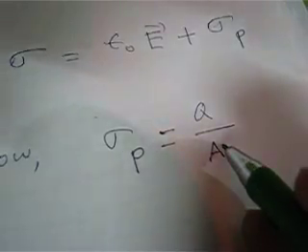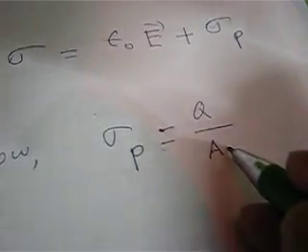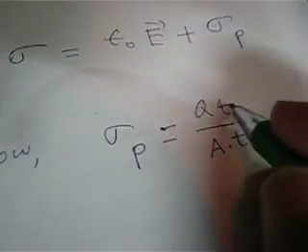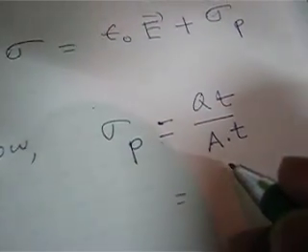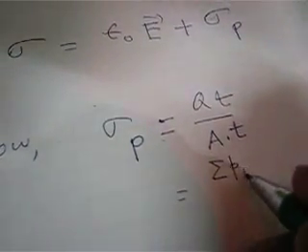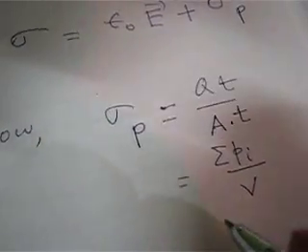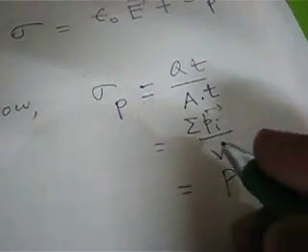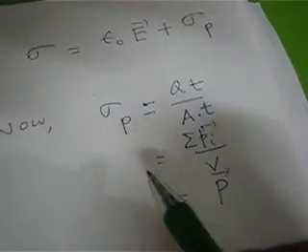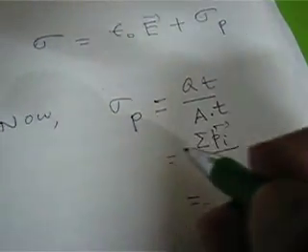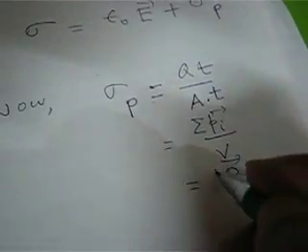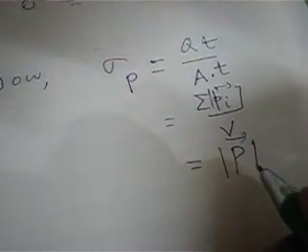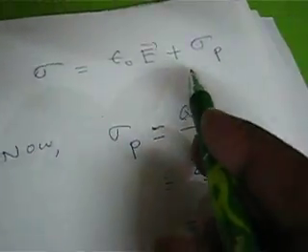So if T is the thickness of the slab, we may multiply and divide by T. So this indicates net dipole moment by volume. It is nothing but the polarization vector. So sigma P is numerically equal, in terms of scalar, to the polarization vector.